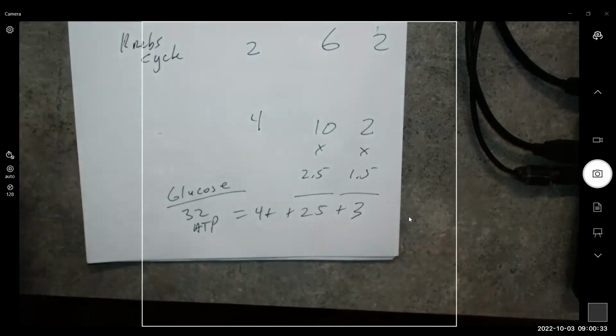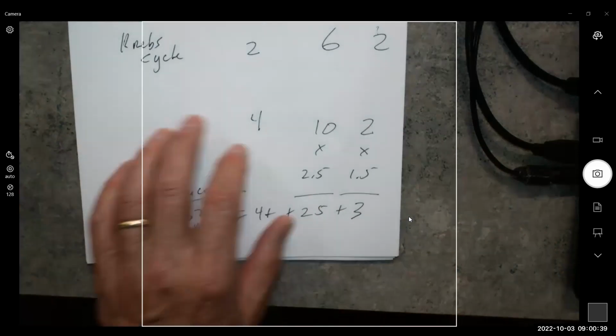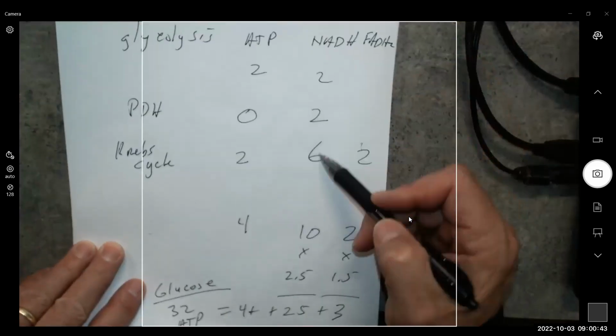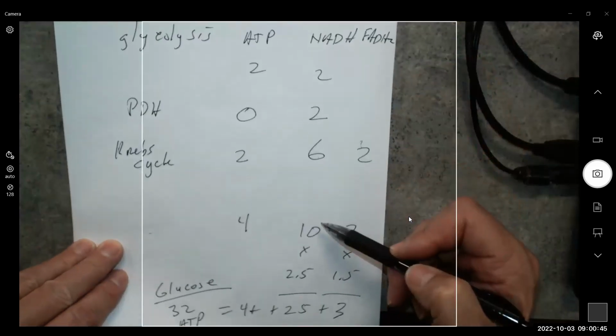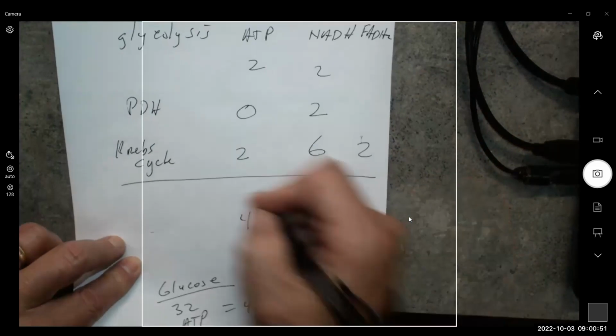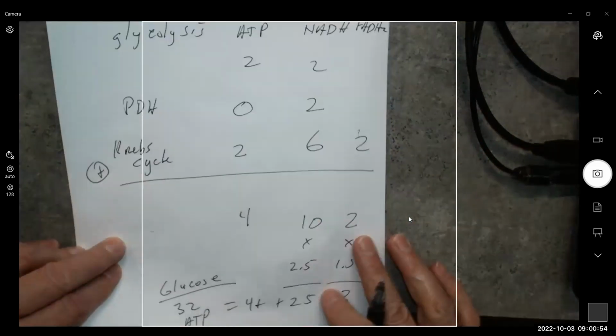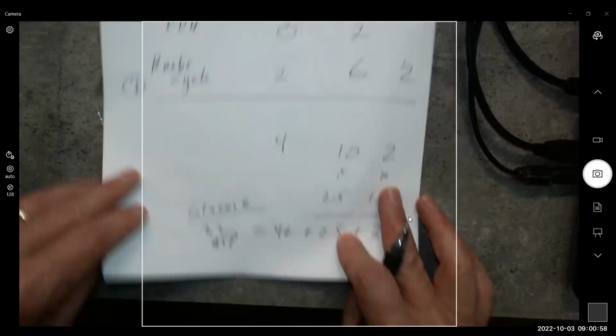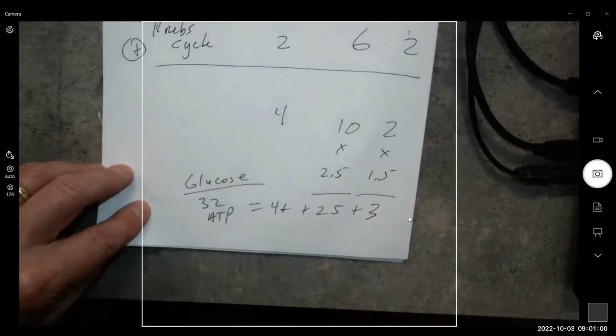That's about how much energy you're going to get per glucose. Right. 2 plus 2 plus 6 is 10, right? Did I do that right? Okay, so we sum that up. So we get 32 ATP per glucose total.